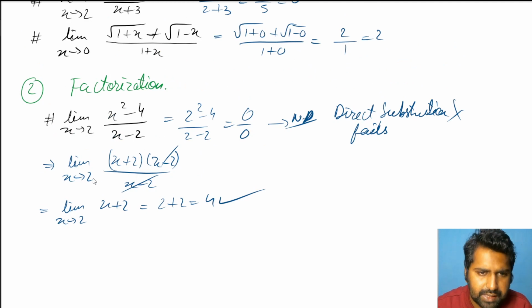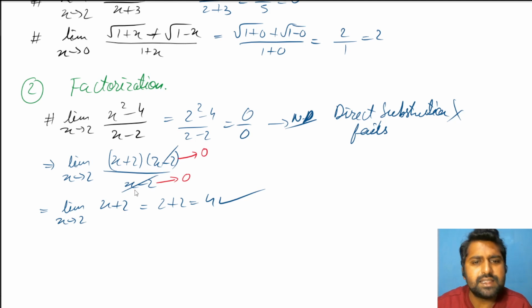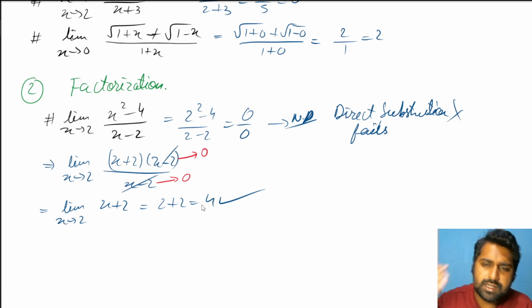If you put x as 2, this was the expression that was becoming 0, and this was the expression which was becoming 0. Because of these two zeros, it was coming 0 by 0, and the moment we cancel these, the problem is sorted. Now we don't have this factor, 0 by 0. That's why we were able to do direct substitution. So, if you are getting 0 by 0, that means there is some common factor in the numerator as well as the denominator.